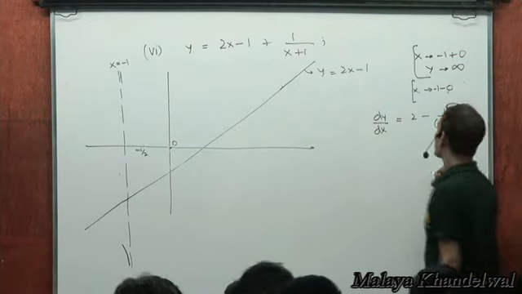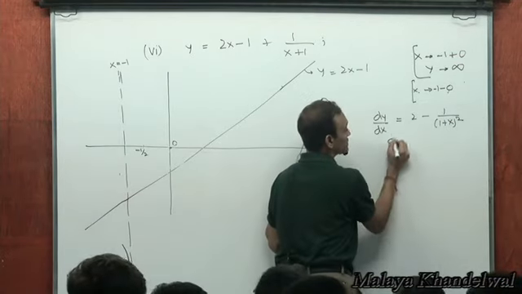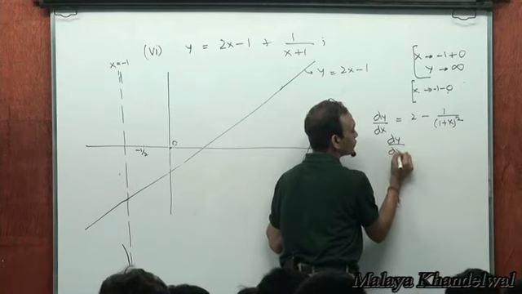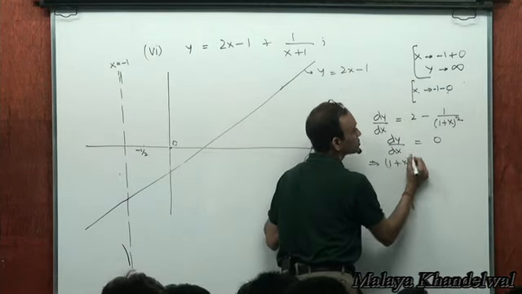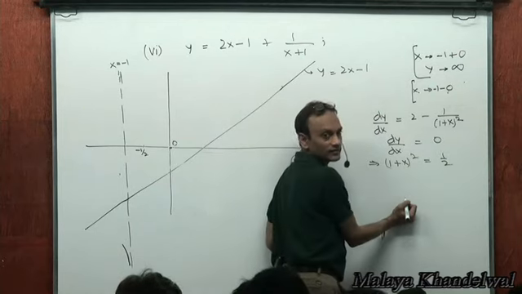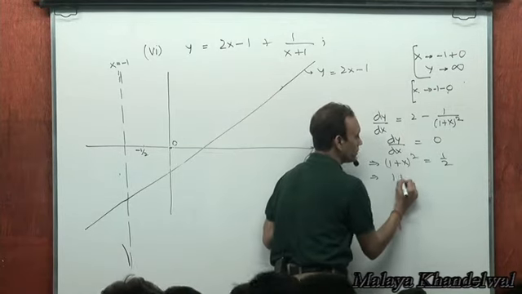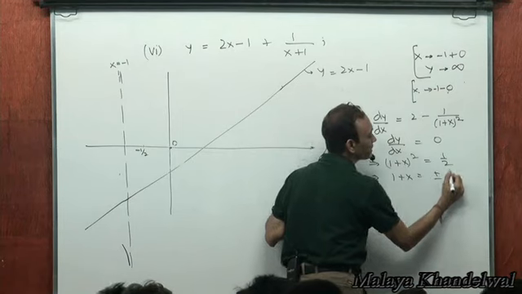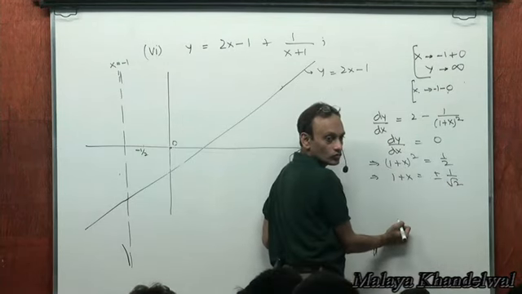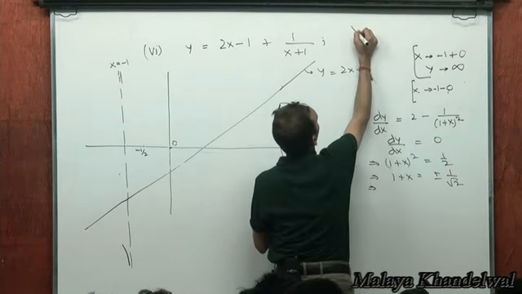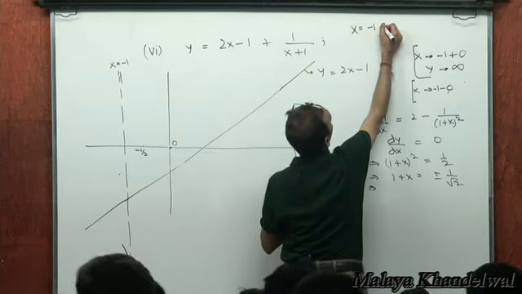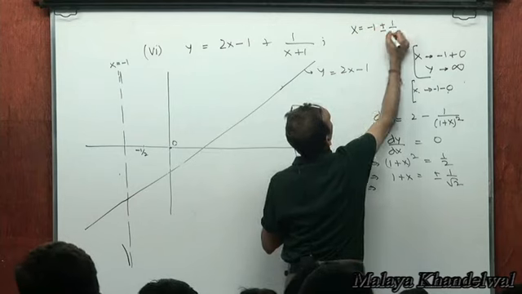Right? dy/dx will be 0 when (1 plus x) whole square is a half, or 1 plus x is plus minus 1 by root 2. So dy/dx is 0 when x is minus 1 plus minus 1 by root 2.